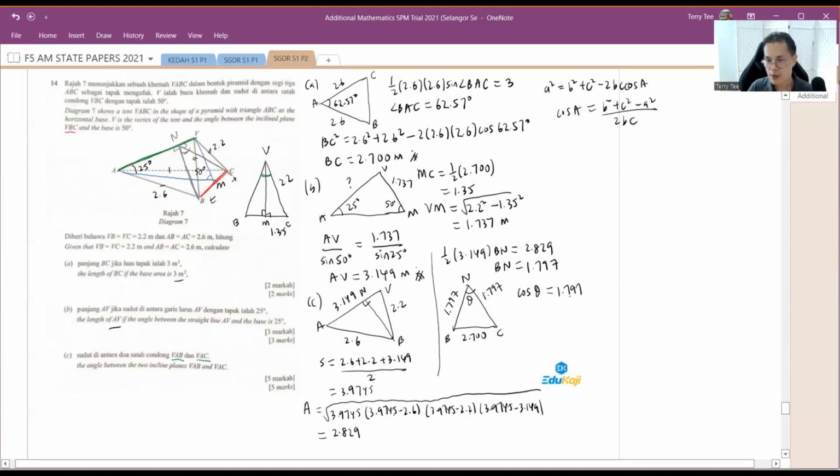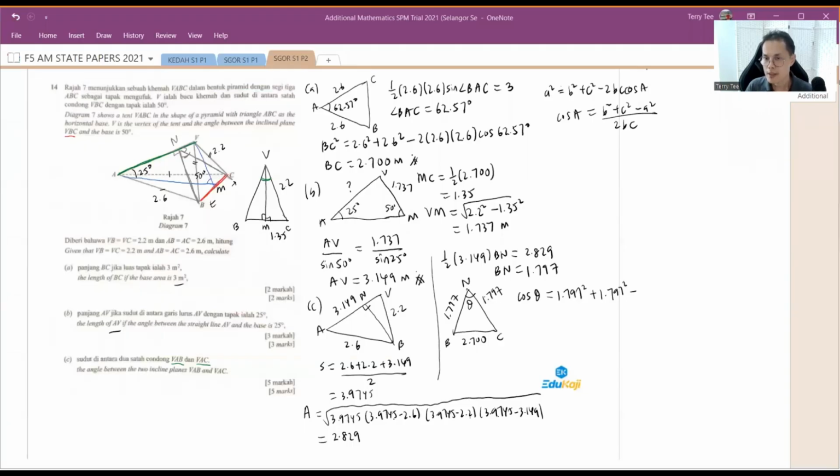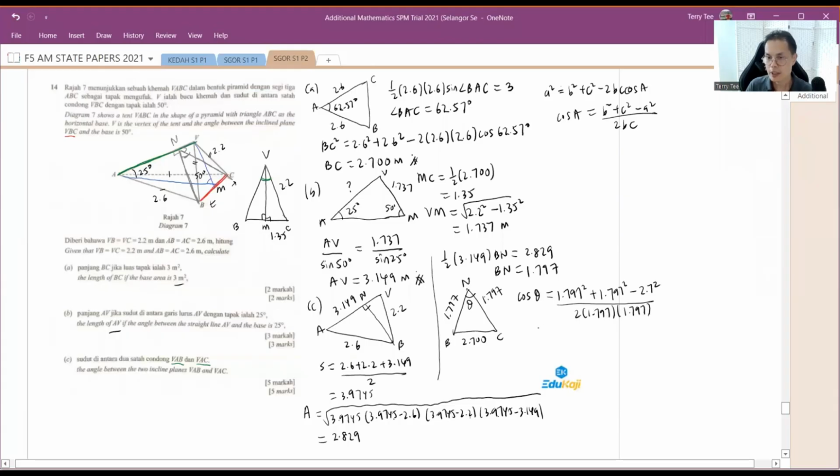In this case, it's 1.797 squared plus 1.797 squared minus 2.700 squared, divided by 2 times 1.797 times 1.797.